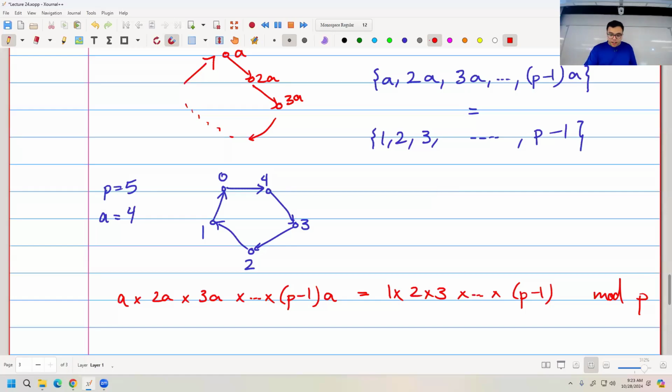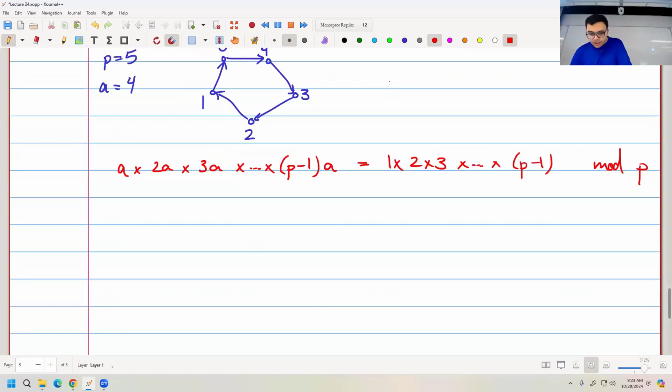Now we have a better way of writing this. This is, of course, P minus 1 factorial. And what is this side? This is A to the power of P minus 1 times P minus 1 factorial.